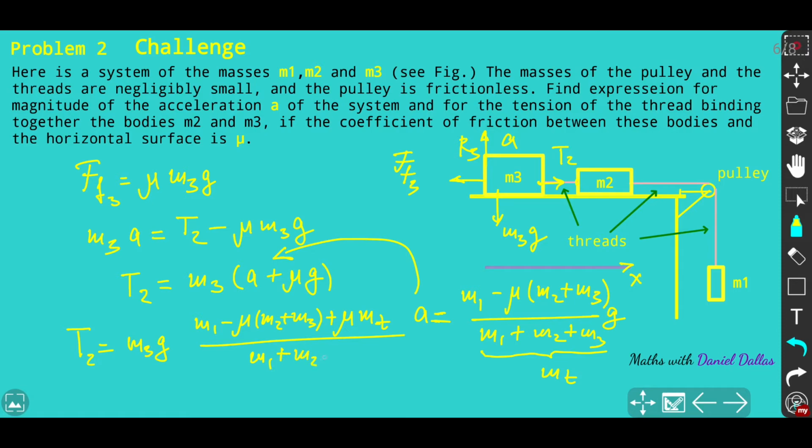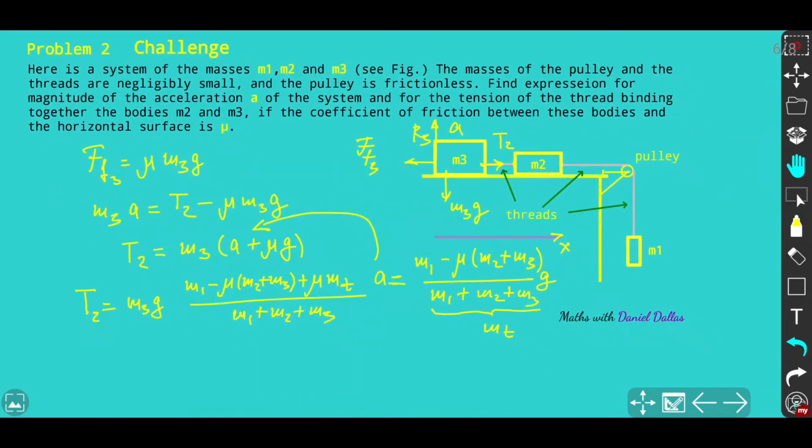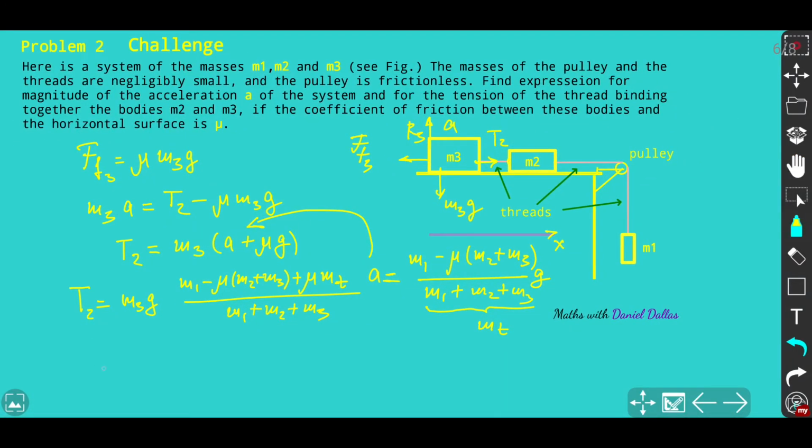And now what's left is to simplify the expression. So that's why the final expression for the tension force, so mu m2 and m3 will be cancelled partially with that one, because if we start expanding the brackets, we'll cancel this part, and we'll be left with the following: m3g times what will be on top is simply m1 (1 minus mu).